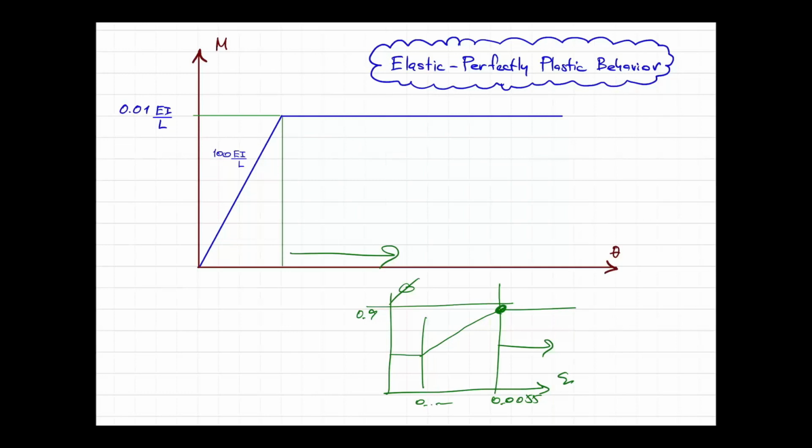But if you get less than this 5,500 microstrain, then you need to adjust the phi factor by this equation. This line is given in the code already. So it could be 0.85, it could be less than that, all the way down to 0.65 when your structure is compression controlled.